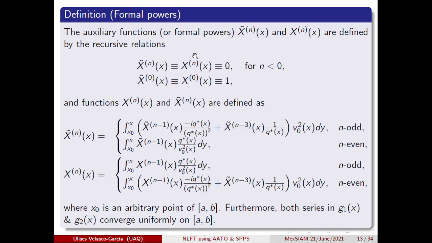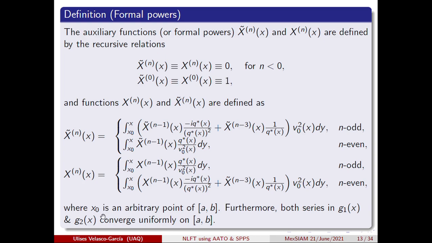They are 0 for every negative n. For n equal to 0, they are 1, and when n is positive, they are defined as an integral from x0 to x, and we have the coefficients we talked about before. That's why we needed them to be continuous: for this integral to exist.